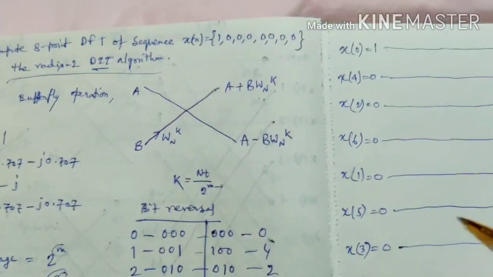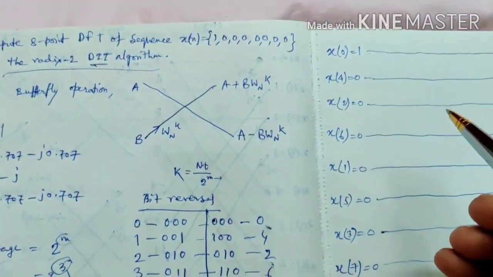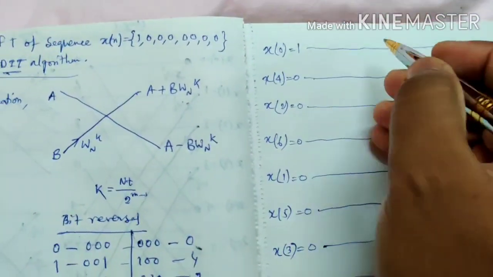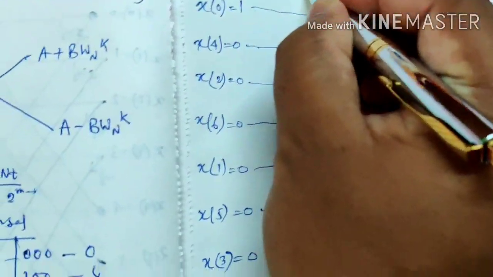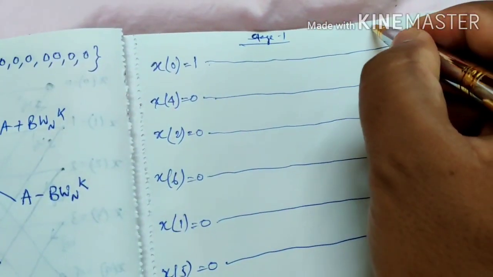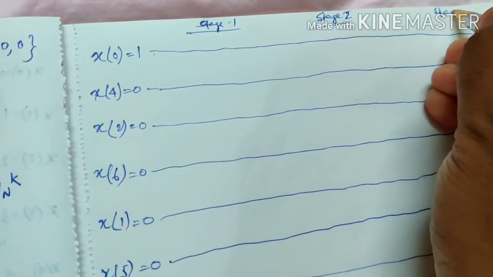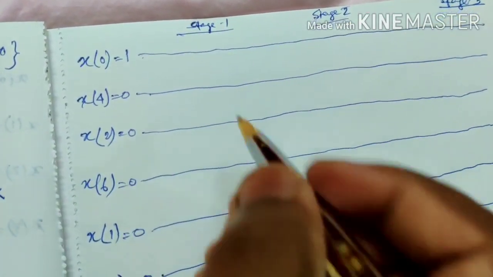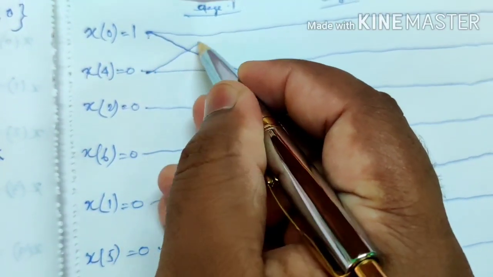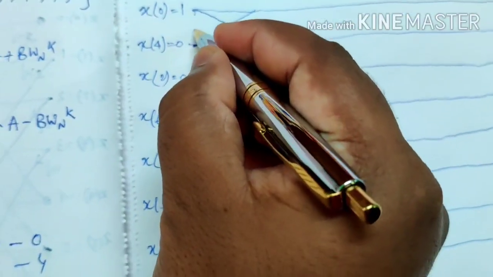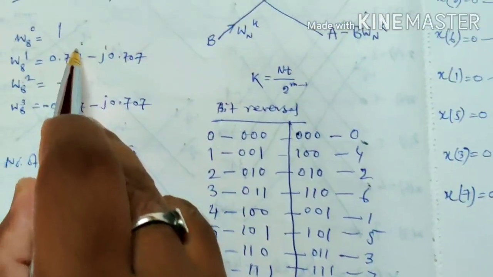And the multiplication will be in order of A and B like this. So the multiplication is divided into 3 stages: stage 1, stage 2 and stage 3. The first stage operation is like this, and this value is omega 8 0, which is 1.